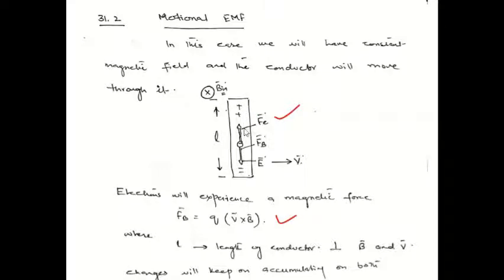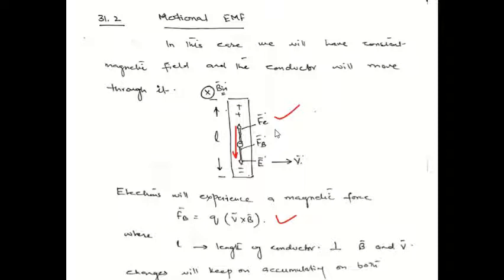This process keeps going, and the negatives at the bottom and the positives at the top establish an electric field within the conductor. The direction of the field will be from top to bottom, that is from positive to negative, and the electric force will be in the upward direction.